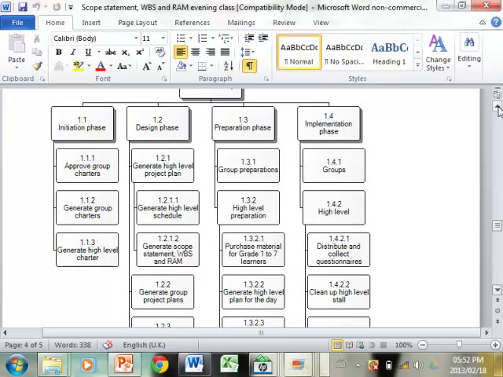Your work breakdown structure is a breakdown of your activities. It has no time information built into it. That's why I just put all the activities there, and on purpose I didn't make it so that the numbers follow each other, because there is no time information built into a work breakdown structure.